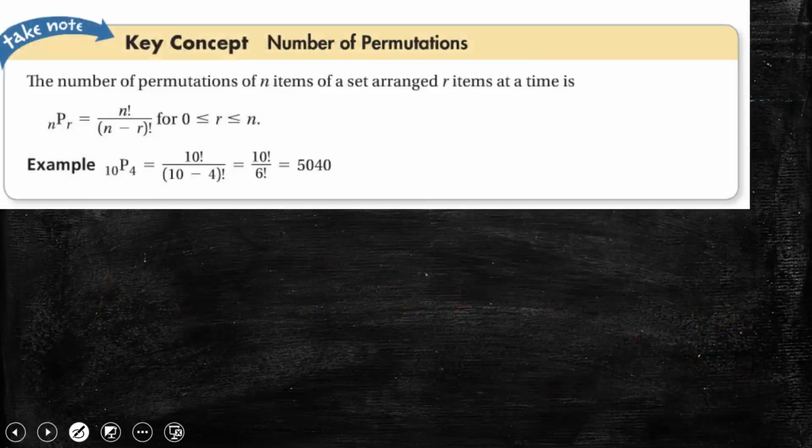Oh, sorry, before that. The number of permutations of a set arranged R, as I told you, the number of permutations of 12 arranged 3 at a time: this is n and this is r.